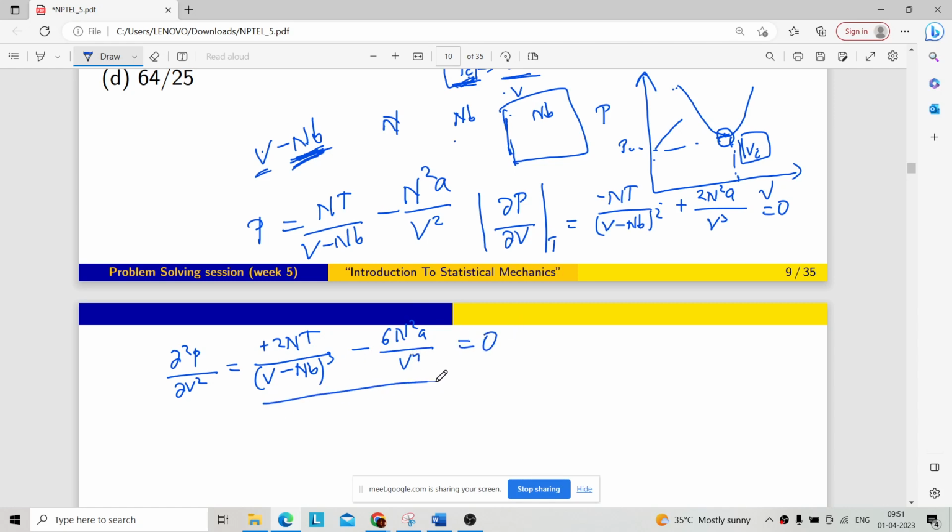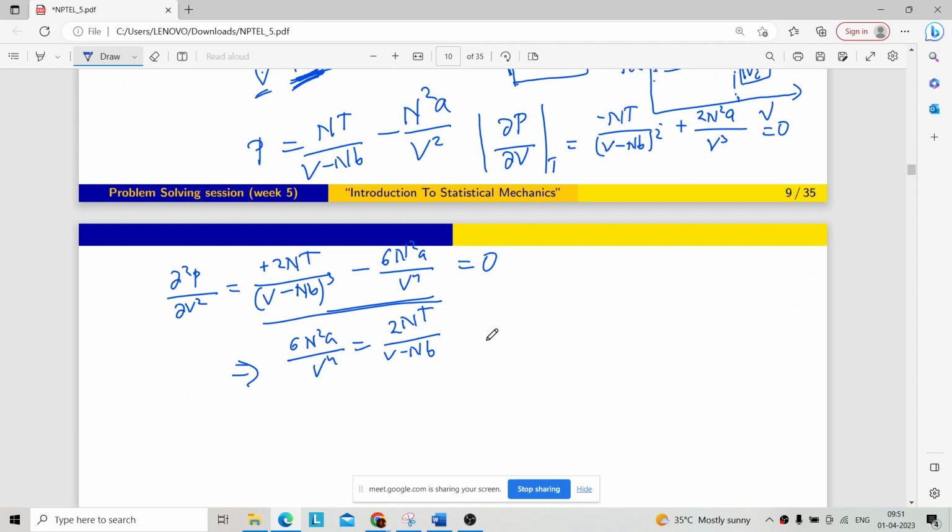So from this equation you can find this term. I am equating this to 0, so I will get 6N square A over V to the power 4 as 2NT by V minus NB, right?